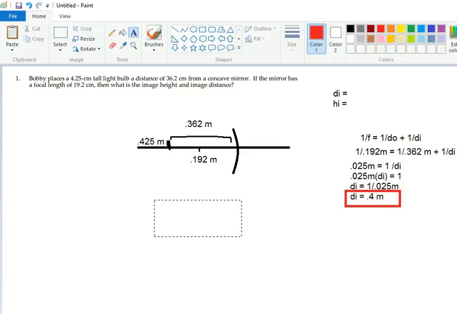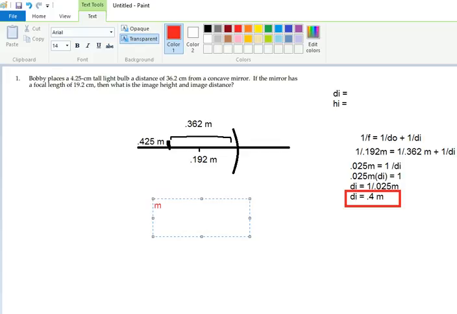Alright, so now we have enough information to use the magnification equation, which is m equals hi over ho, which is the height of the image divided by the height of the object, which is also equal to negative di over do. We wouldn't really need m because that's not what we're solving for.